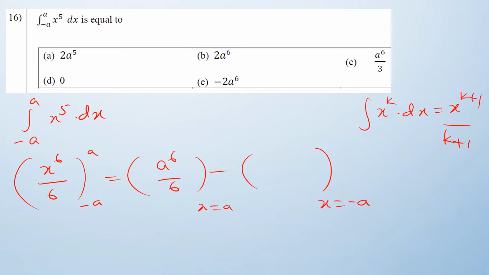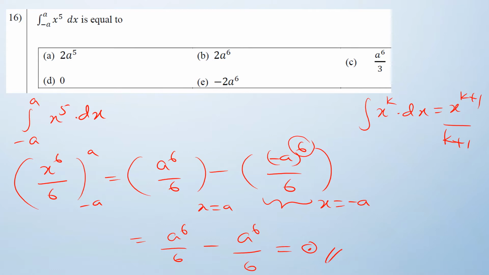When x equals minus a, we have minus a to the power 6 over 6. This is also positive since we have an even index. So we have a to the power 6 over 6 minus a to the power 6 over 6, so the result is 0. 0 is there in choice D. So D is correct. The answer is D only.